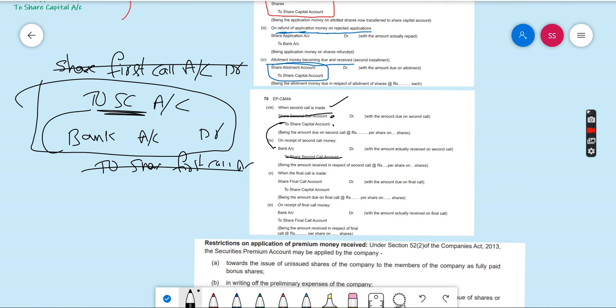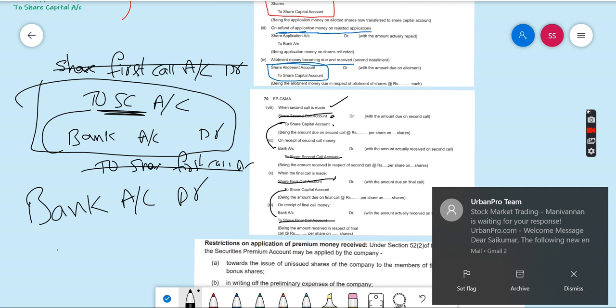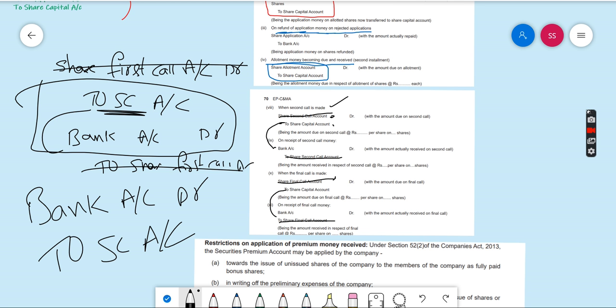Share final call account debit to share capital account is the due entry, and then when you receive the money, bank account debit to share final call account. So credit and debit will get cancelled. Whatever the installment it is, ultimately the money should go as bank account debit to share capital account. That is the ultimate entry, right?